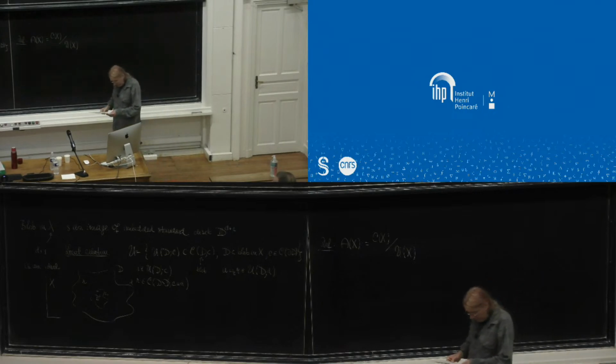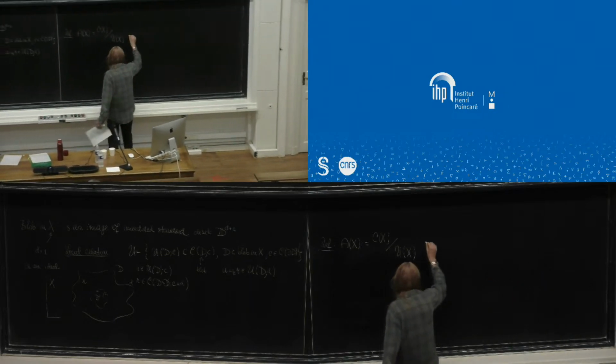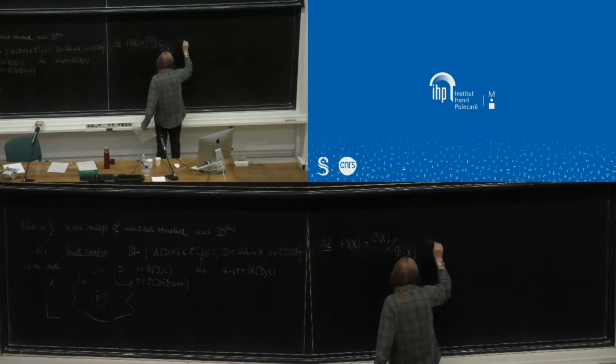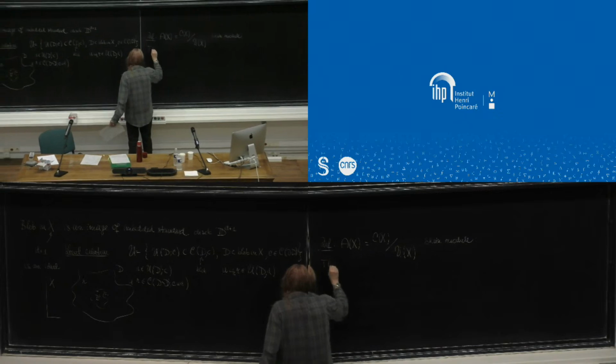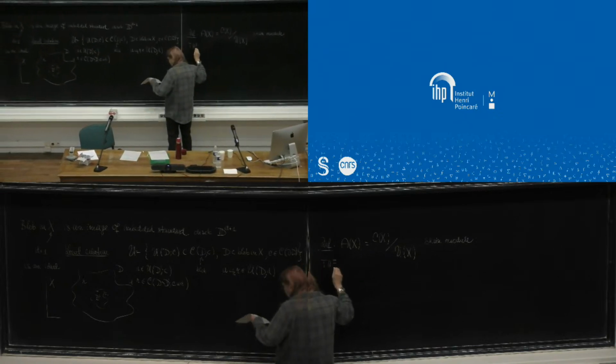And this object is called the skein module. And is it one of these topological quantum field invariants?